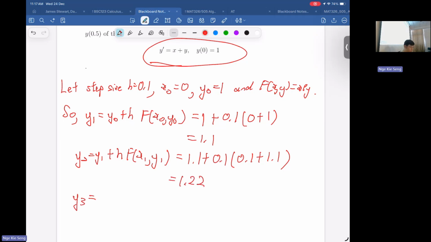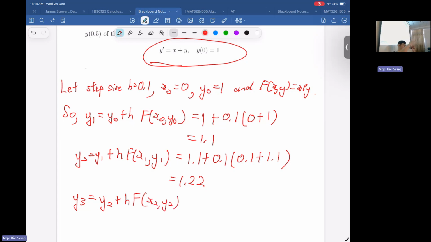And then for example, y3, maybe you tell me what's the formula here? y3 equals what? y2 plus h times f of x2, y2.